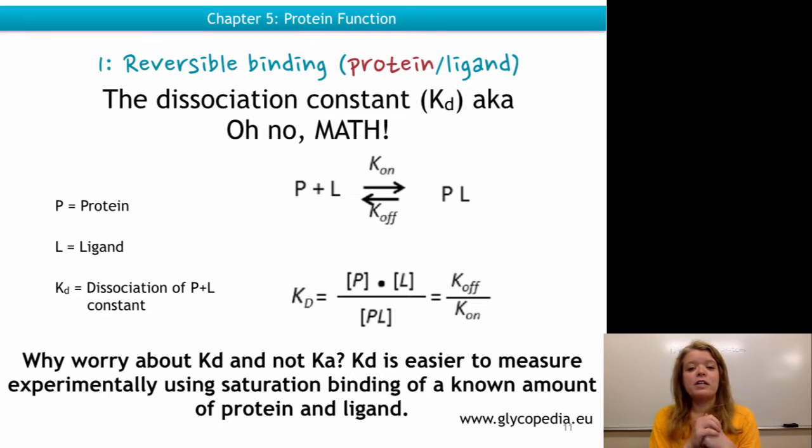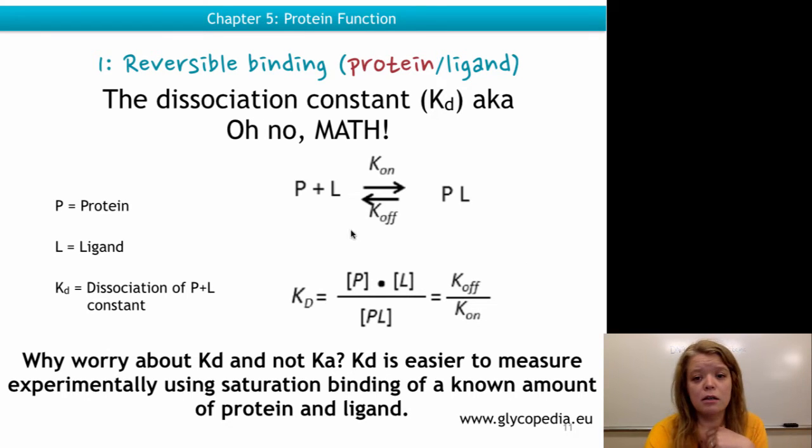And one way to look at these binding interactions between a protein and a ligand is using this dissociation constant. So in this case, equations have been derived that would allow us to define the different dissociation or association abilities between a protein and a ligand to see which proteins bind tighter and which proteins not so.